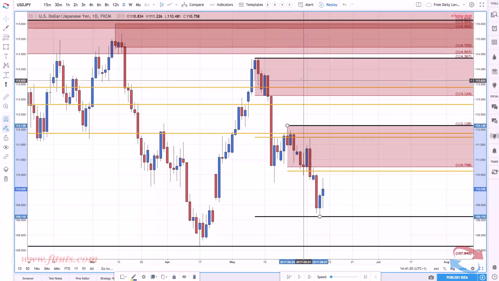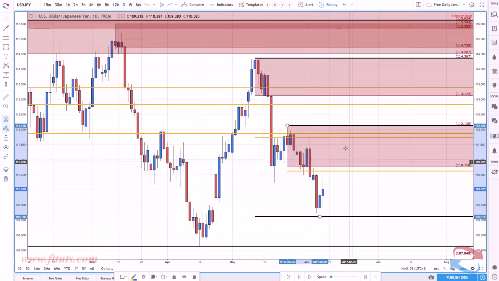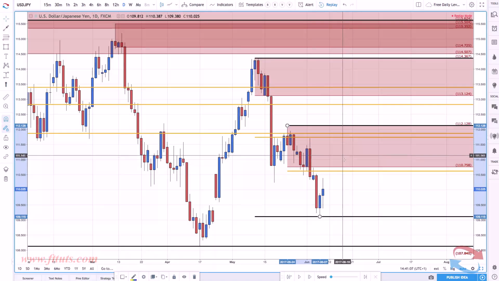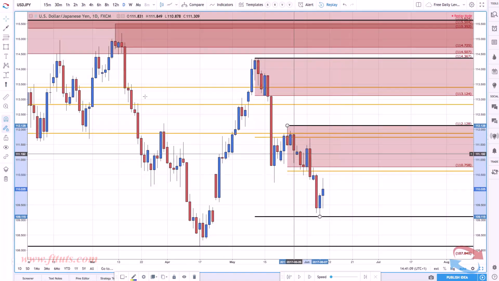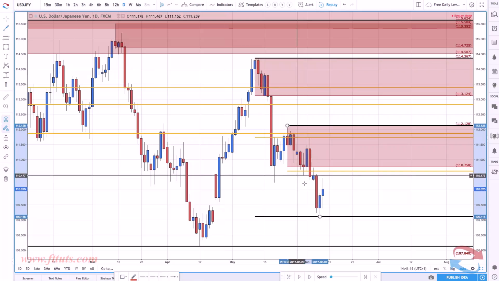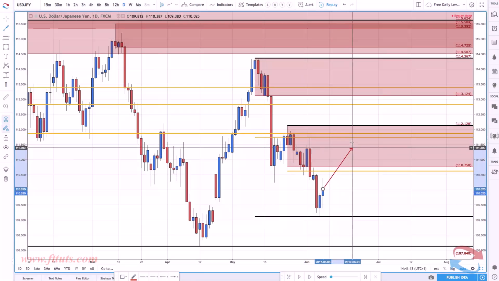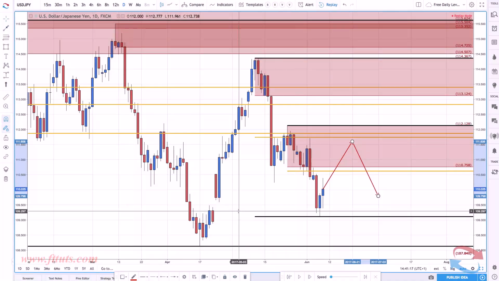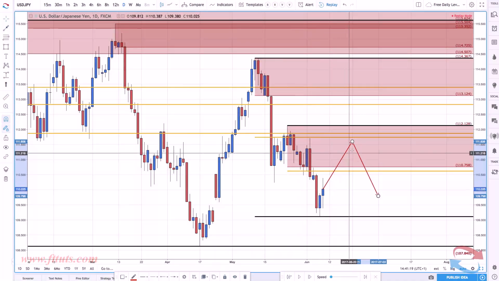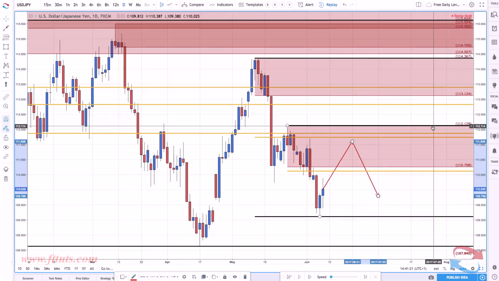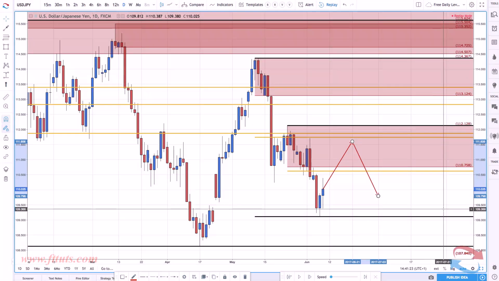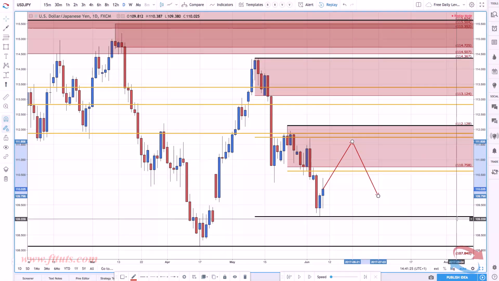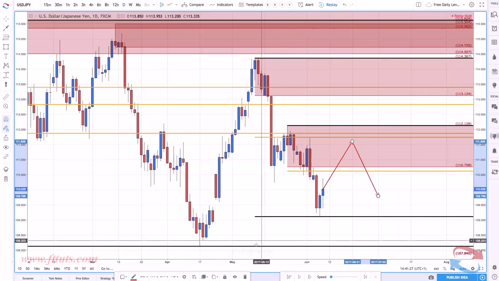So again, this is where we're looking to potentially buy above fair value if prices do come up here. This will be the first area, right? Because prices could stay within this range. It's 112, 128 and this 109 level, right?